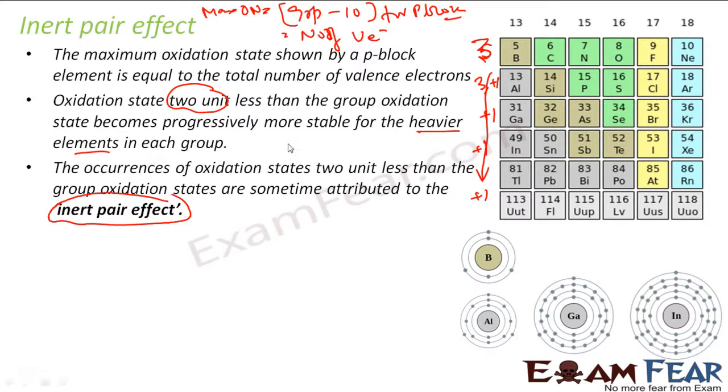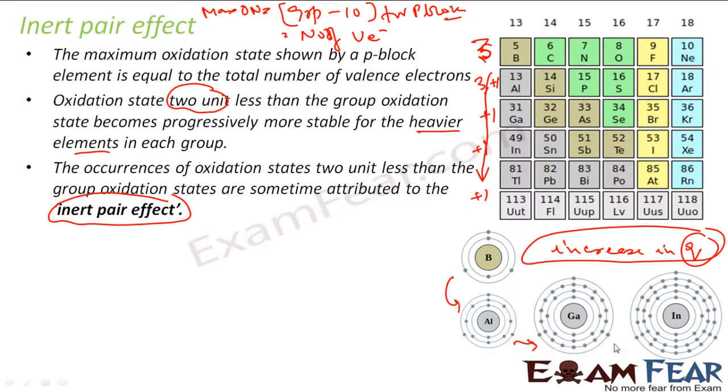This effect, that it shows an oxidation number of maximum minus 2, is called inert pair effect. And this happens because of s orbitals and increase in size and increase in charge. If we go down from here to here, increase in charge happens. Because of this, the s orbitals are more tightly held and they don't take part in the reaction.